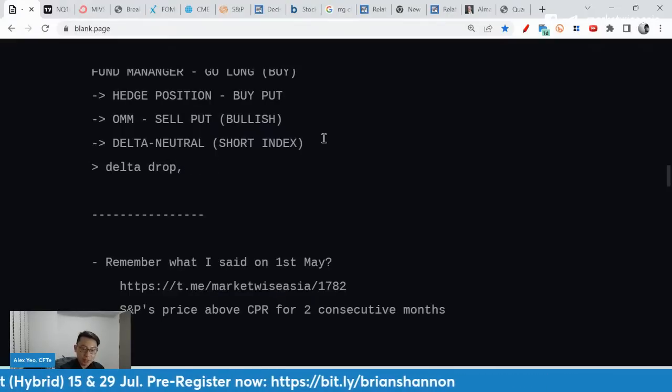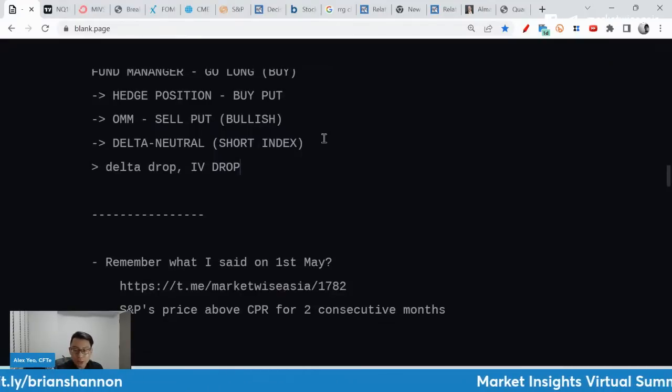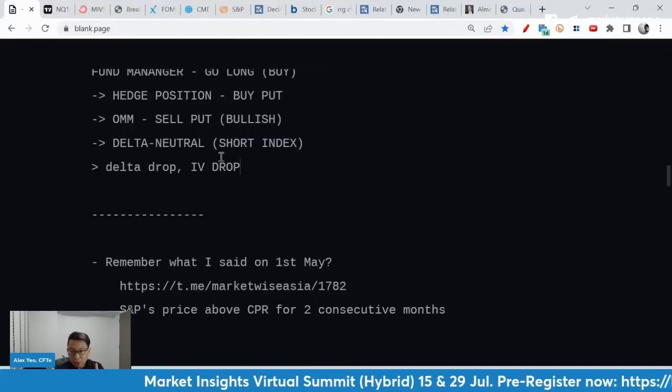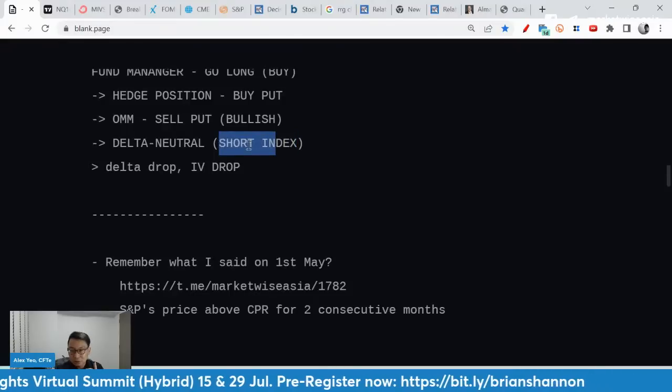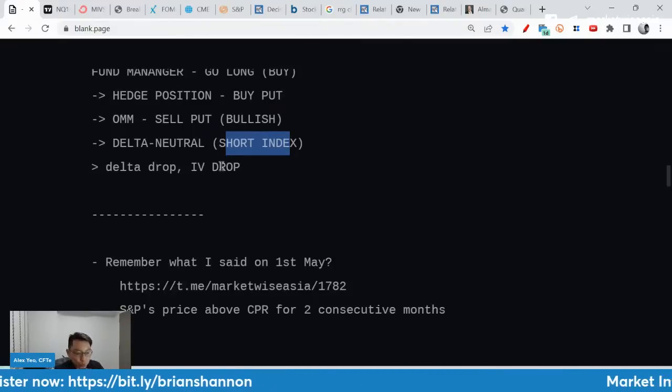The implied volatility will also drop, which means they do not need to hedge so much anymore. With that, they can cover their short position. So IV drops, delta drops, everything drops, and they do not need to hedge so much.